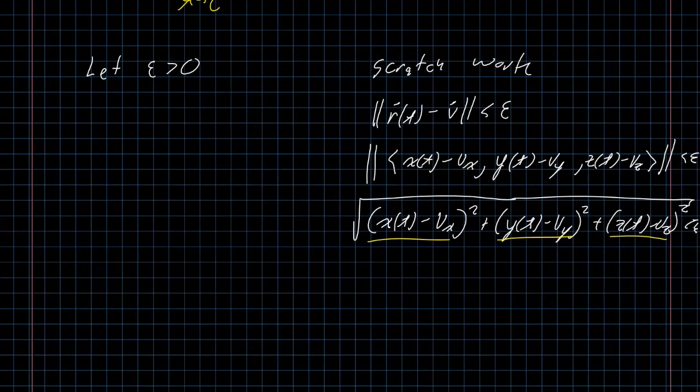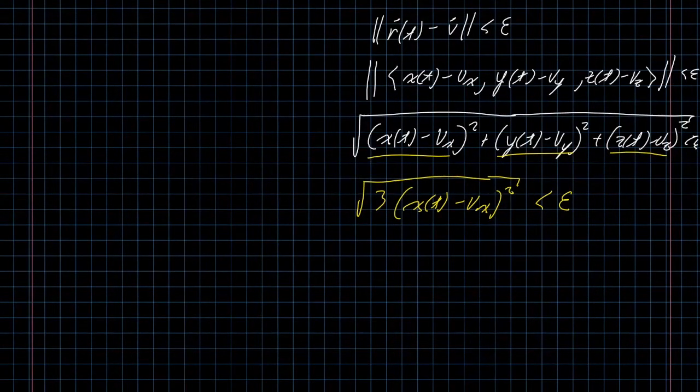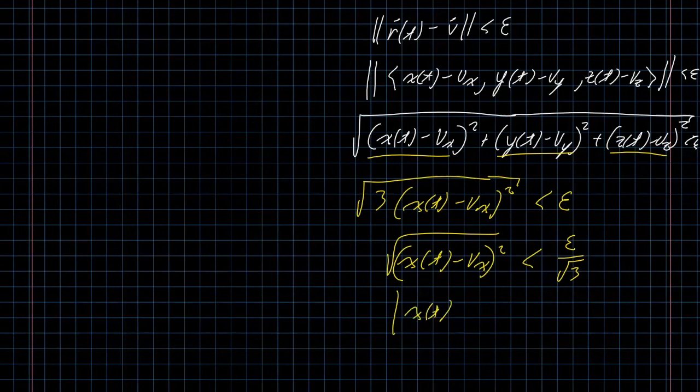And so we have the square root of 3 times x of t minus vx squared is less than epsilon, which means that the square root of x of t minus vx squared is less than epsilon over the square root of 3. And the square root of something squared is the absolute value of that thing. And that gives us this epsilon over square root of 3.